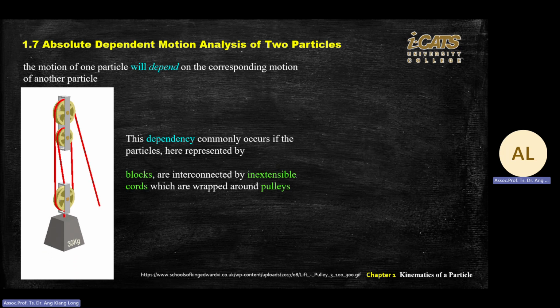And the effect of this normal force depends. If the question mentions a smooth surface, no friction, it means the friction coefficient mu is 0. If the question does not mention smooth, usually I will put a rough surface, then there is a friction force.